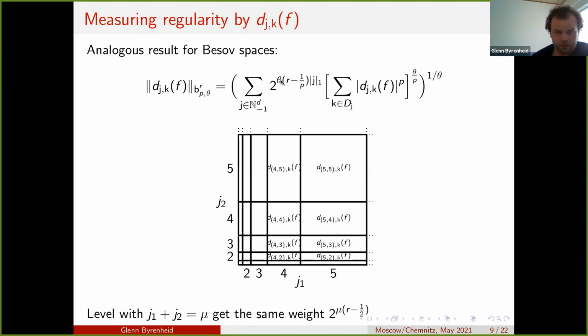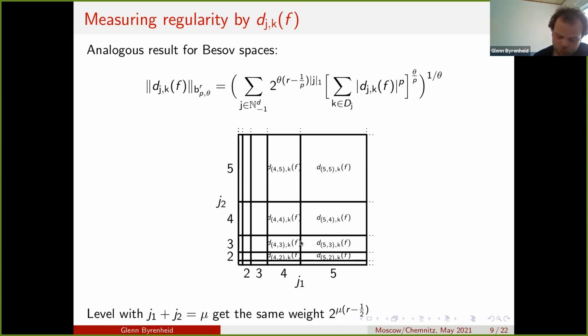Okay, so what I want to say is, with the help of the Faber-Schauder series, we can decompose functions f belonging to a Sobolev or Besov space within a certain regularity area, and we have saved every piece of information in the Faber-Schauder coefficients, in this picture of Faber-Schauder coefficients.